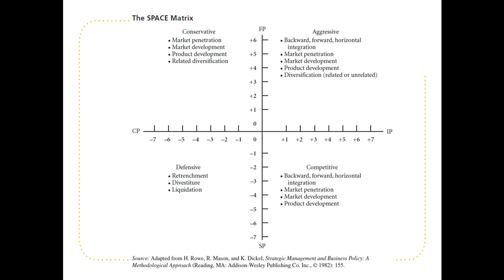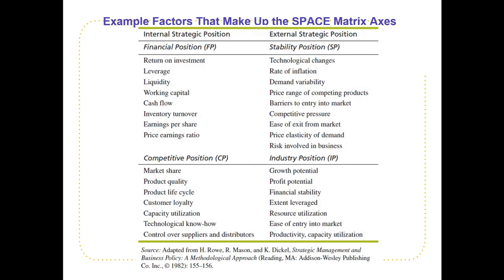So, for example, return on investment, leverage, liquidity, and working capital are commonly considered to be determining factors of your organization's financial strength. But you have to remember, whatever factors you included in your IFE or EFE, you have to consider also in your SPACE matrix.